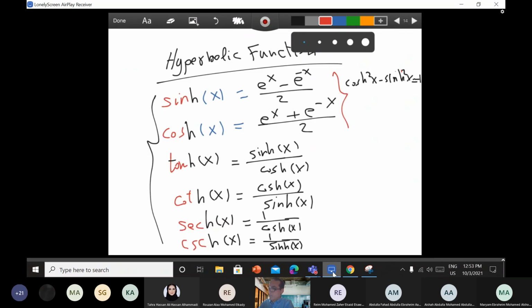And next, we can find the derivative of these functions by differentiating the exponential function.